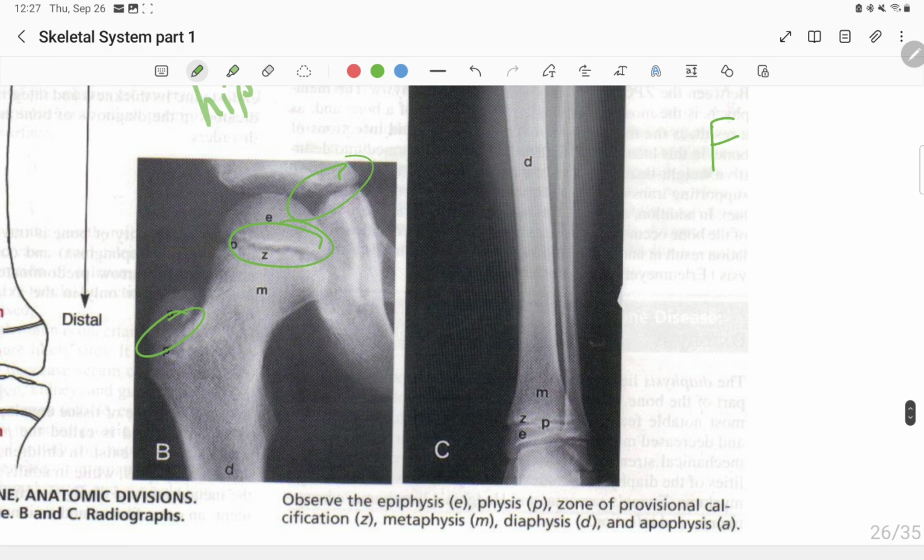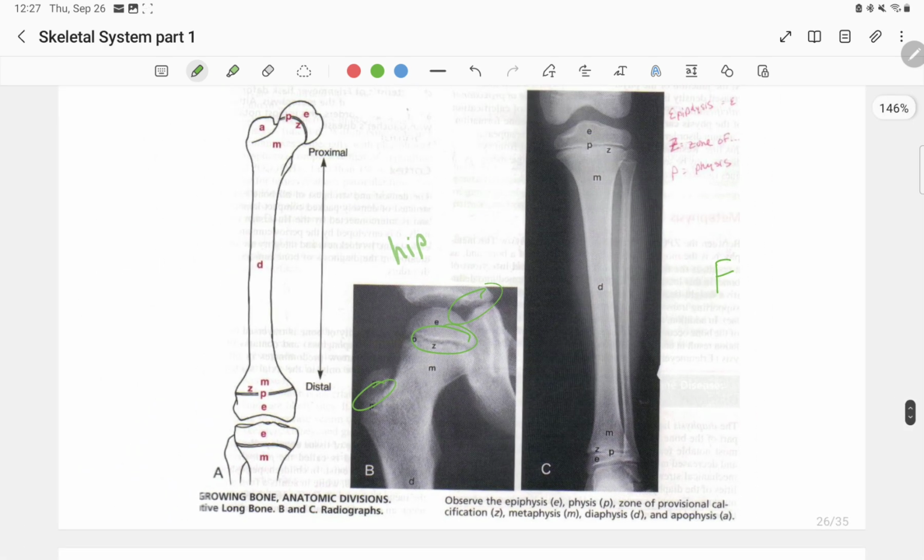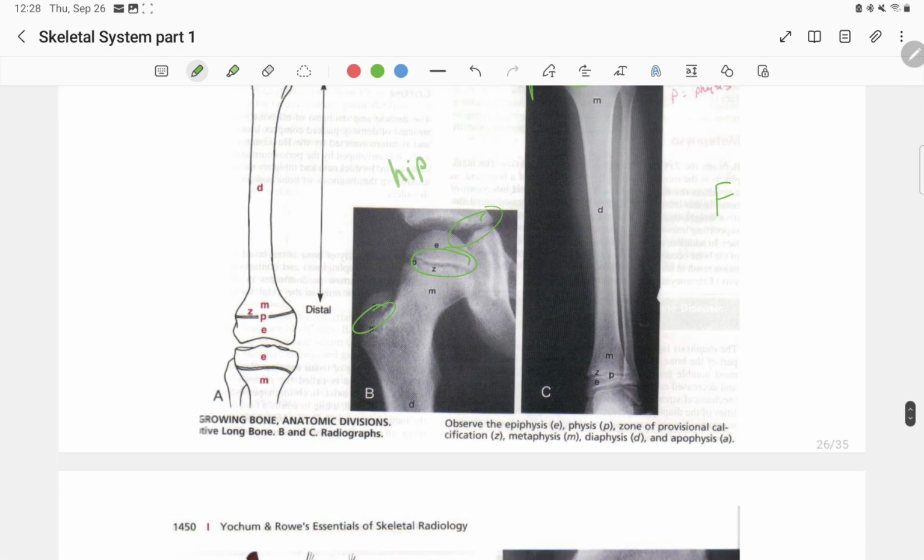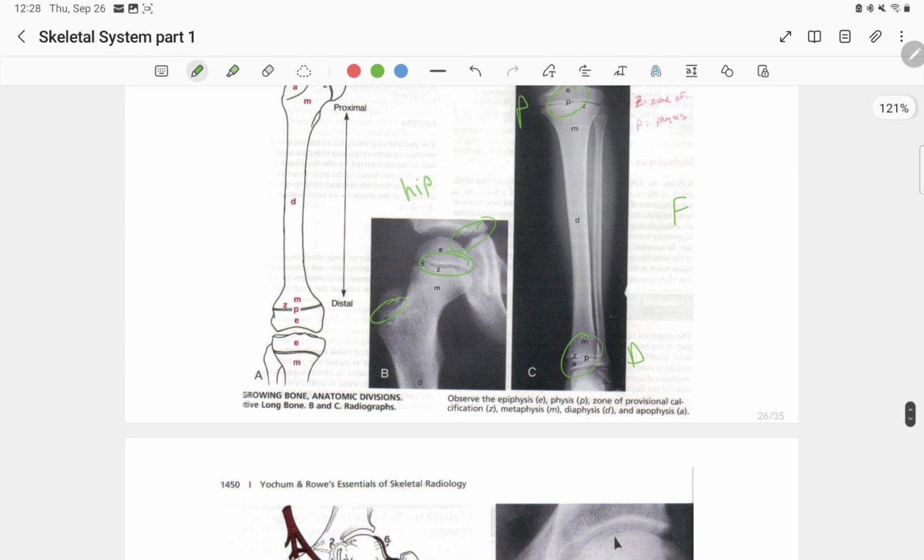Okay, as far as proximal and distal, this end with the P, that's proximal, and over here, this is distal. Just as a reminder, one way you can reference is the heart. You ask yourself, looking at a part of the body, what part is closer to the heart and what part is farther away from the heart?